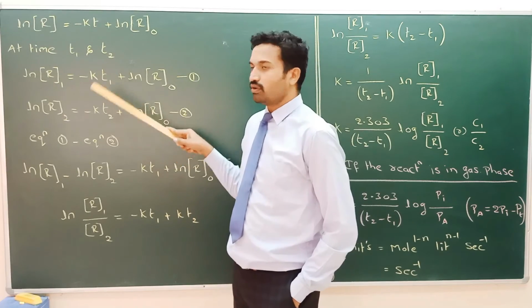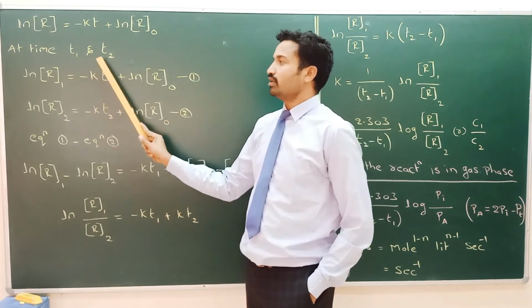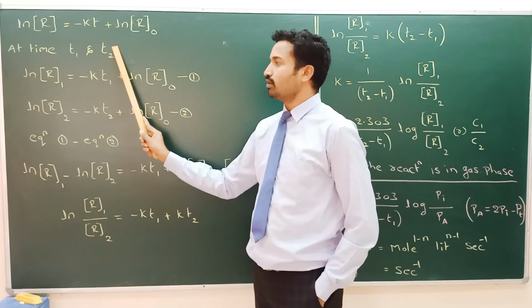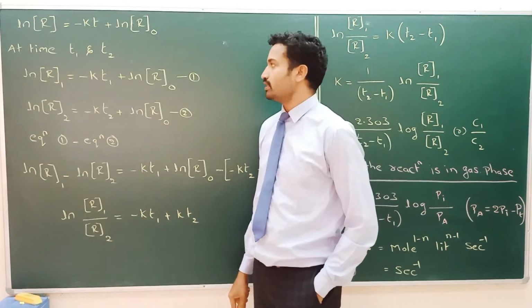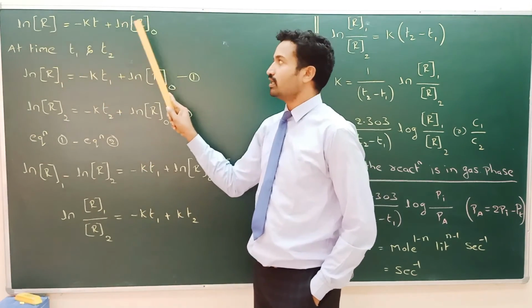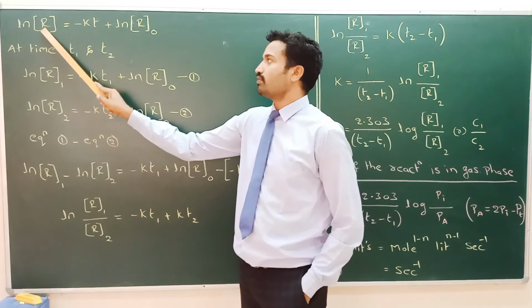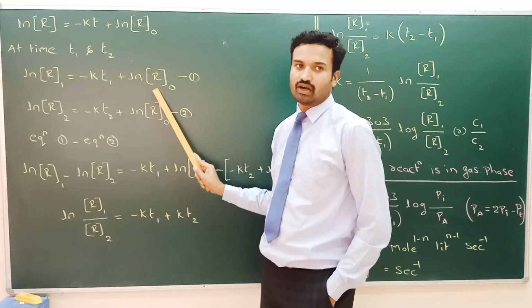Now we are going to derive the equation for times T1 and T2. Using the difference between T1 and T2, we calculate the first order rate constant. At T1, the concentration of reactant is R1, and the initial concentration is always constant, R0.